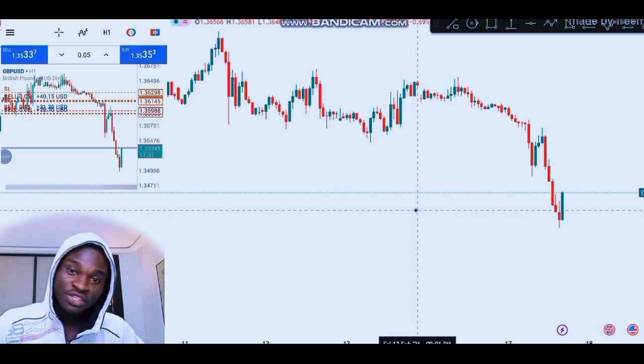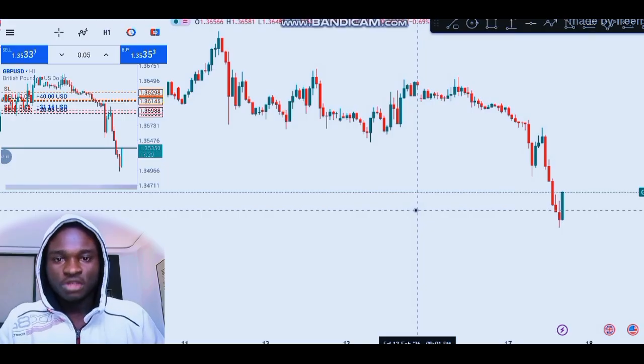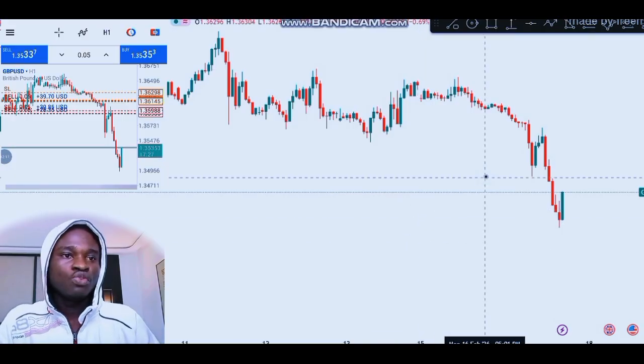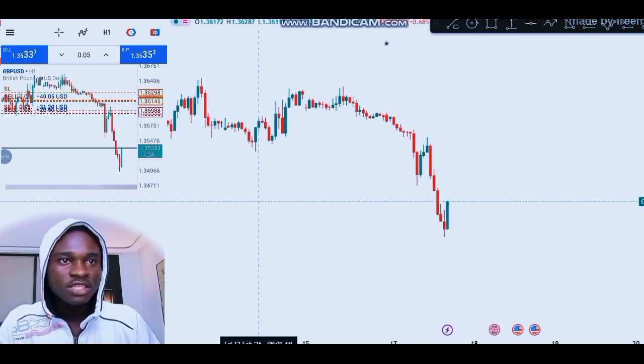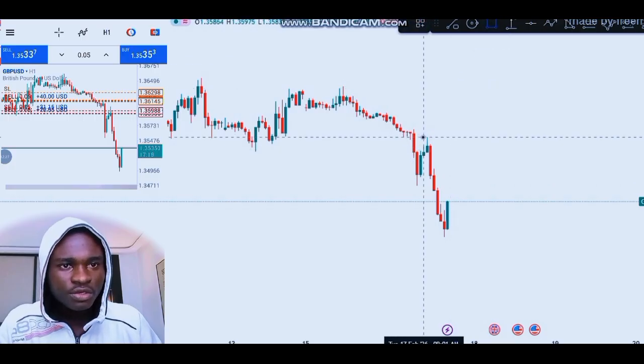So some people change their strategy when market shift, when market change, but I don't do like that. Let me show you something on GBPUSD. Let's make a quick review of what I'm saying. You can see over here, people you call this order block.